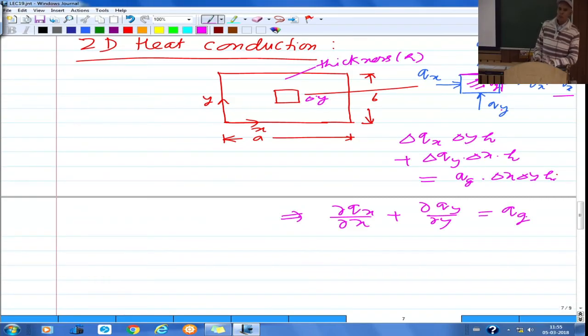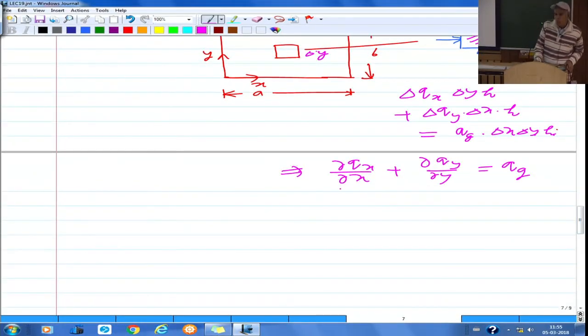This is in terms of heat flux Qx, Qy per unit area. This is just the energy balance relation for the steady state problem. Now we bring in the constitutive relation, that is the Fourier heat conduction law.